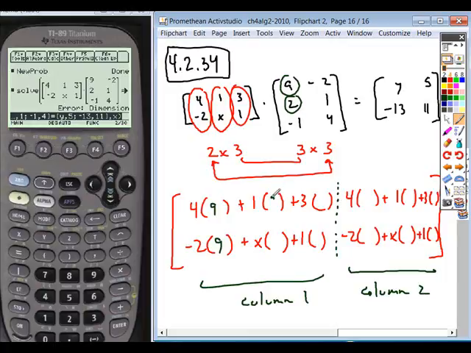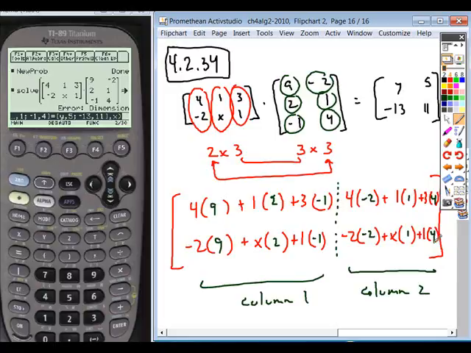The 2 will go in each of these spots, and the -1 will go in each of these spots. Then we can move to the second column. The -2 will go in these, the 1 in these, and the 4 in these.